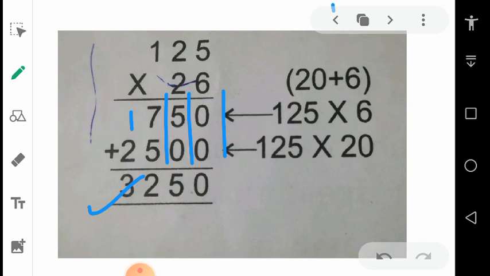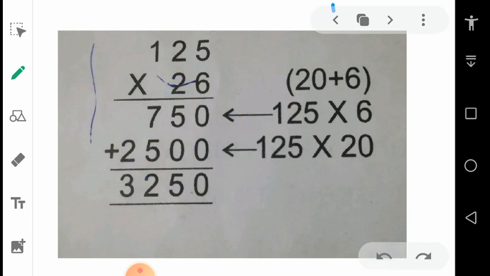Now see the right hand side of this process. Here 20 plus 6 is written, means the number 26 is written in expanded form. Okay, so it is 20 plus 6, and we are multiplying 125 by 6 as in the first line, and secondly 125 is multiplied by 20, but you might be surprised why we are writing this 20.